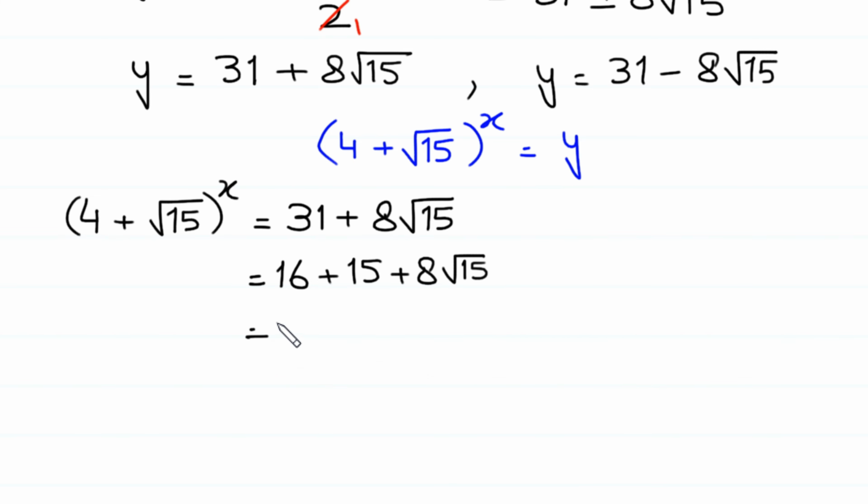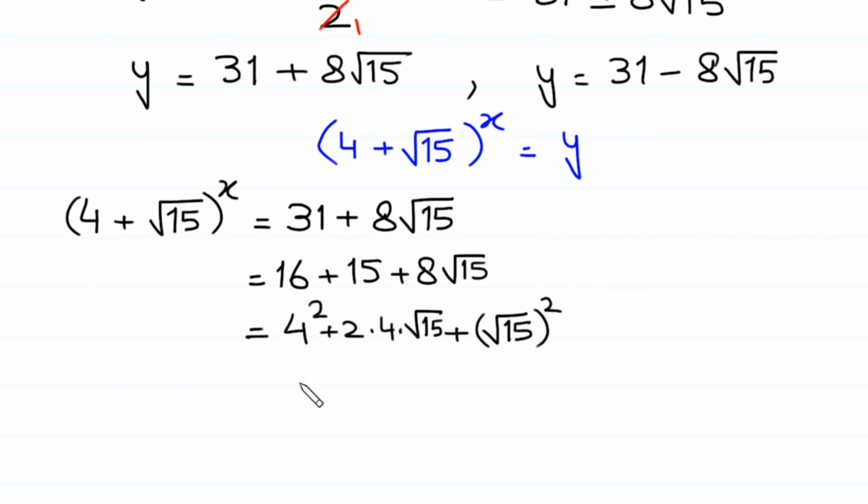Next, we can write this 16 as 4 square, and we can write this 15 as square root of 15 square, and we write this 8 times square root of 15 as plus 2 times 4 times square root of 15.